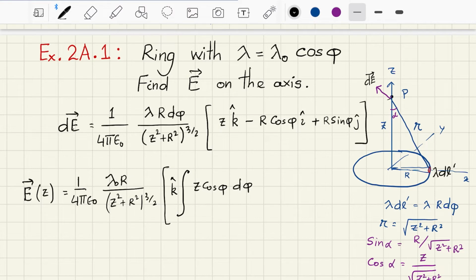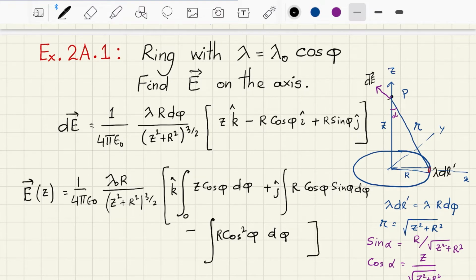Okay, and then plus r sin phi. So integral j, I have taken this term, r cos phi sin phi d phi, and minus integral r cos square phi d phi.